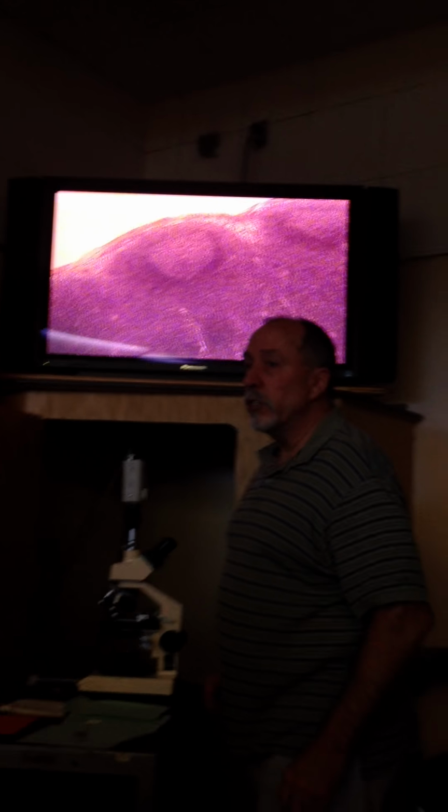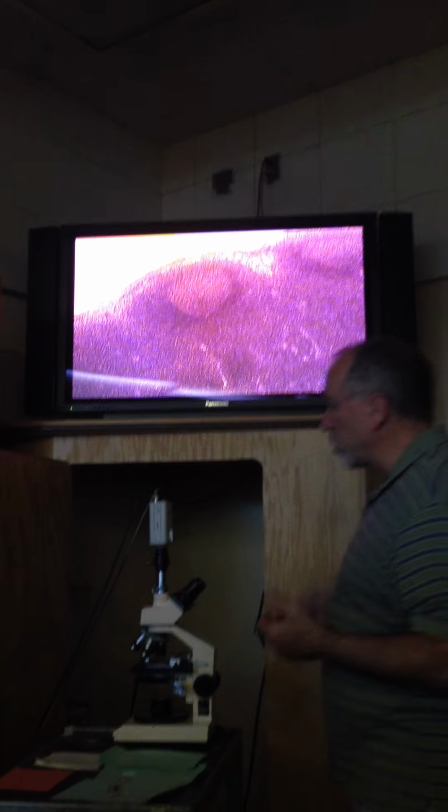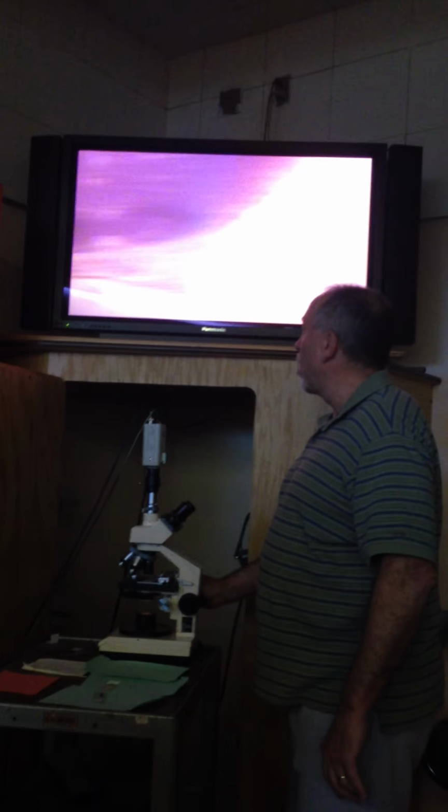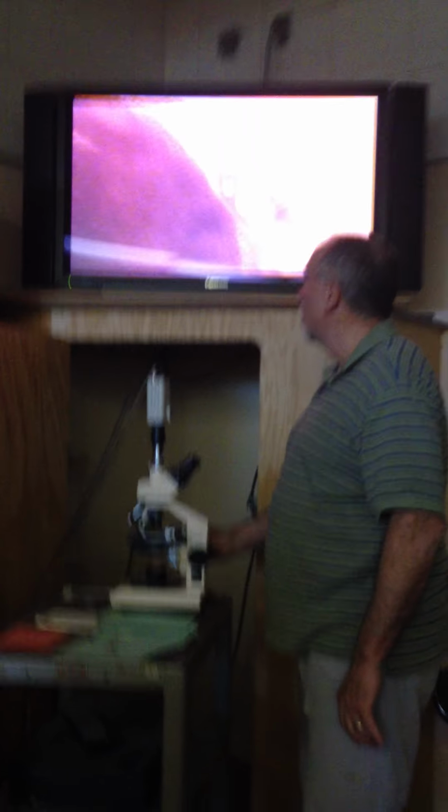Okay, so this, you guys, is the lowest power I can get, and this is your lymph node. It has a capsule around it. You can see the capsule on the outside. Some of those over there you might be able to find where you actually see the lymph vessels coming in or leaving. There's different parts of it. I'm not going to get picky about it. There's actually what's called a hilum.